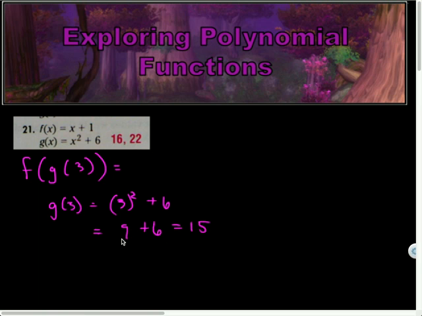So that's what g of 3 is. So I'm now replacing g of 3 with 15, and I'm going to figure out what is f of 15. So we will have 15 plus 1, which is 16. Meaning f of g of 3 is 16.